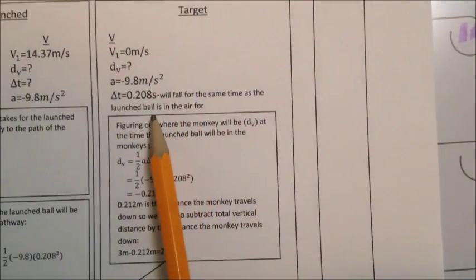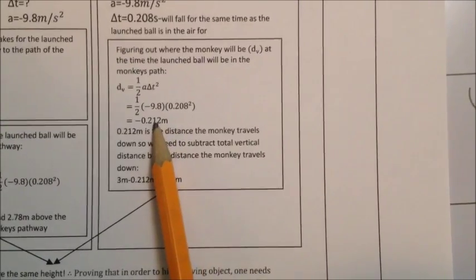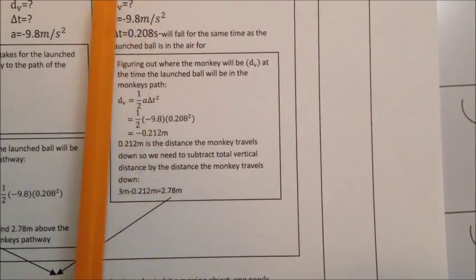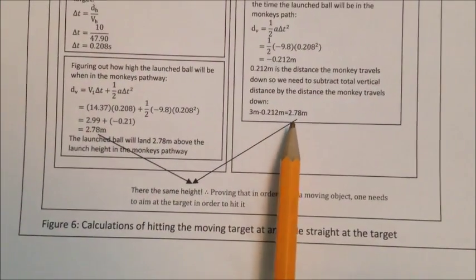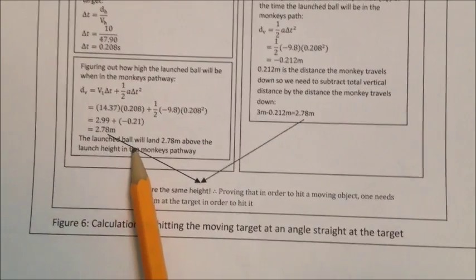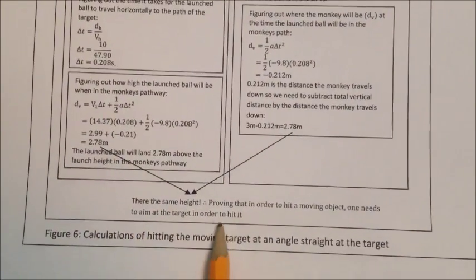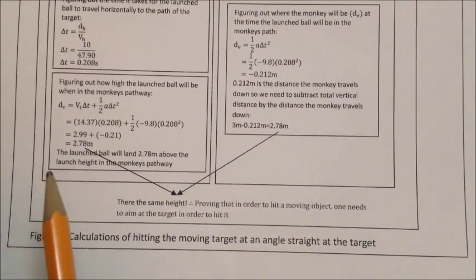We figured out 0.12 meters, but that's it falling down, so we had to figure the other way around, so 3 meters minus that, and we figured out that it was 2.78 meters, which is the same as the target, and this proves that you have to aim right at it.